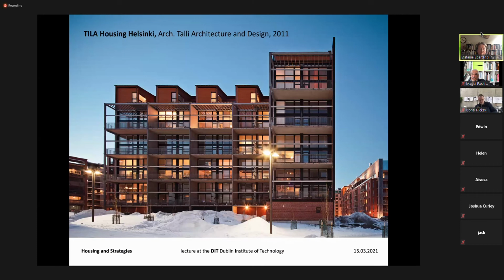Another project which I really like is the Tila housing in Helsinki from Tali Architecture and Design. It's also a collaborative housing project, a little bit different from the Barcelona type.